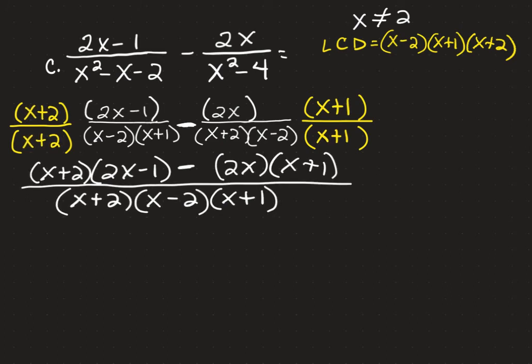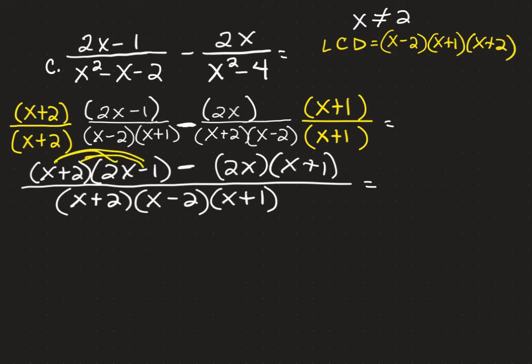Now, it would be nice if there were a common factor in each of these terms, but there is not. So surely there's some way we can simplify this further. And by the way, that's equal to that, and this is going to be equal to, we're going to have to make it look a little more complicated maybe, by actually doing the distribution.